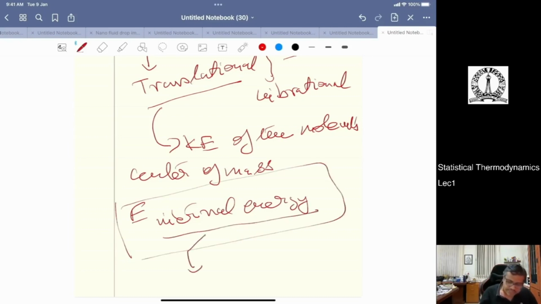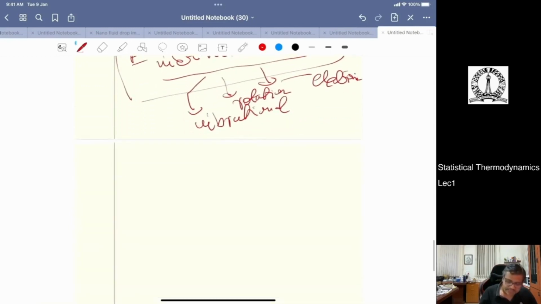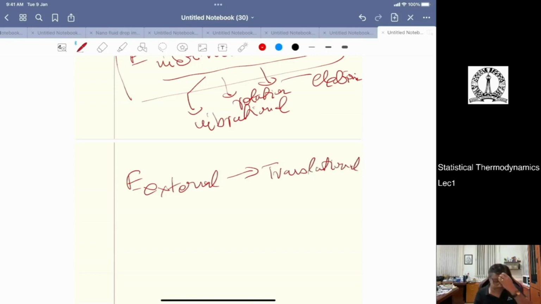So internal energy is, of course, usually said to be the vibrational plus rotational plus electronic, whereas the external mode, E external, is basically the translational mode. That is how these things are differentiated, just for bookkeeping purposes. The external is the translational, because this involves the bulk motion of the molecules, not the rotation relative to its own state.